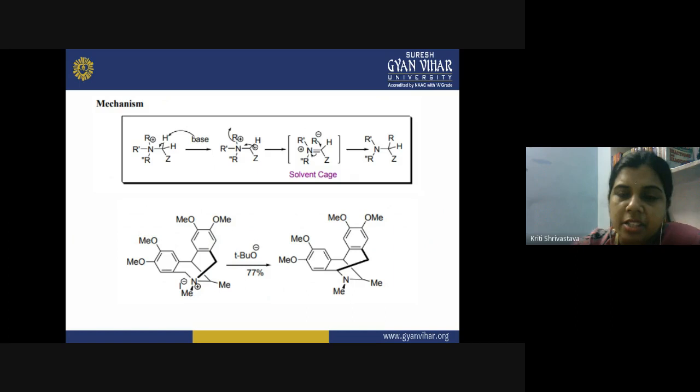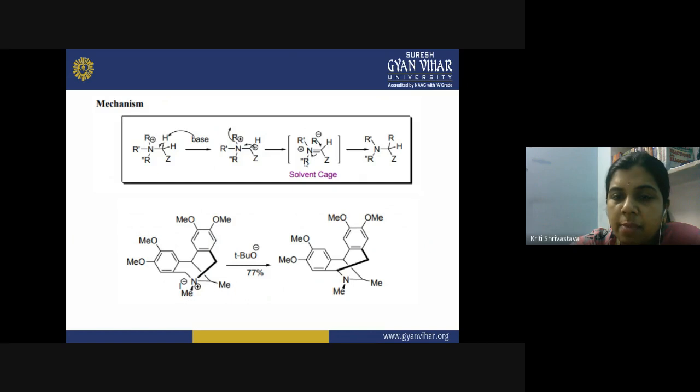The mechanism of the reaction is shown here. This is your quaternary ammonium salt. When it is attacked by the base, the base selectively abstracts the proton on the carbon next to the nitrogen, and once the proton is removed, there will be a positive charge on the nitrogen and a negative charge on the carbon atom. So it becomes an electron rich carbon. Now it shows the rearrangement reaction: one of the alkyl groups moves away from the positively charged nitrogen and comes over to the electron rich carbon.